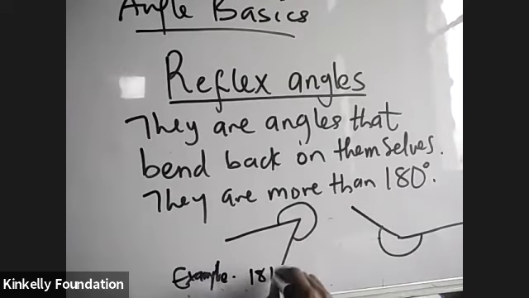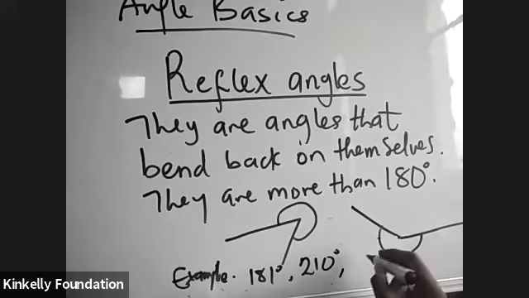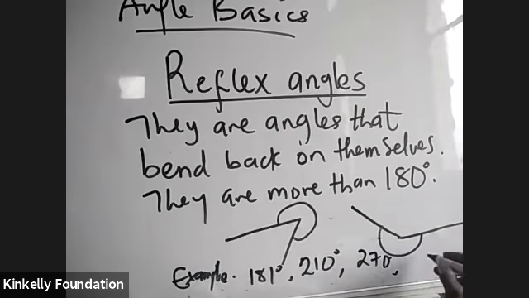Examples: 181 degrees, 210 degrees, 270 degrees, even 300, 230 as the case may be. There are many of them. So 230, 240, 290, 350, all these are examples of reflex angles.